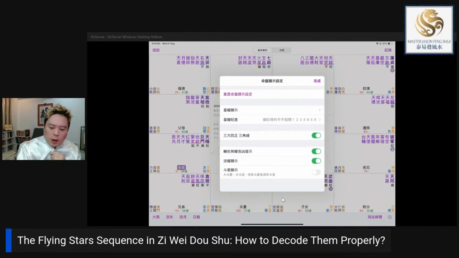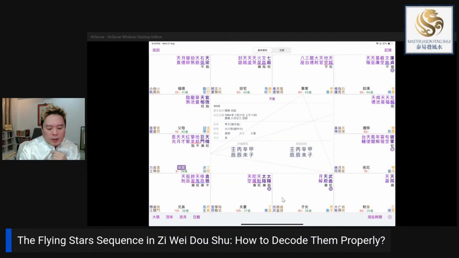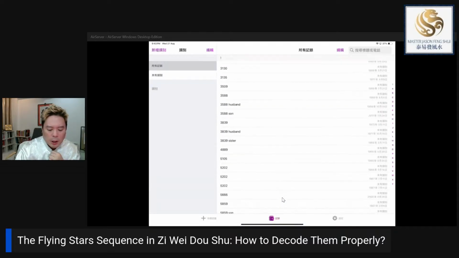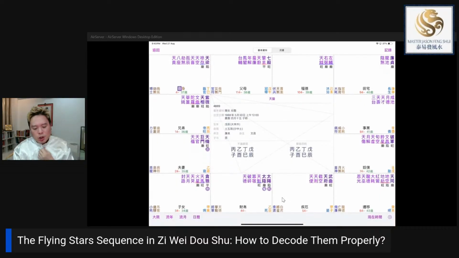So you cannot not adjust the flying star sequence. After adjusting it, it will bring you a particular chart.